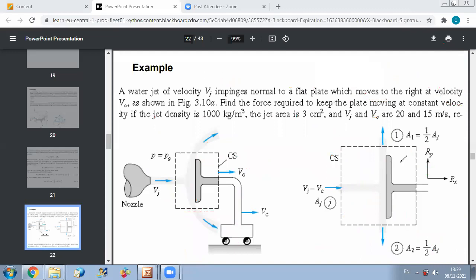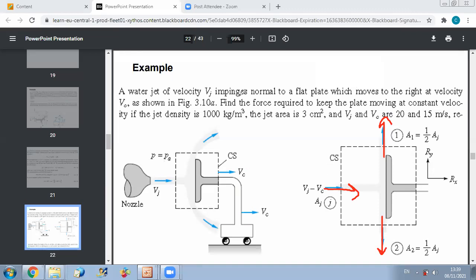If you use relative components, at the inlet the relative velocity is Vj minus Vc, and at the outlets you only see vertical components because your jet relative to the car will split in the vertical direction. So here it's much easier.